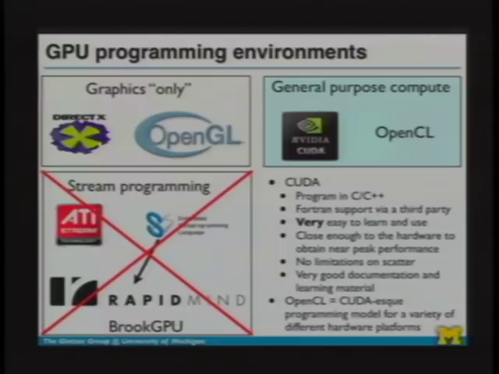Right. So if Fortran is your forte, there is Fortran CUDA support. It's made by a third party, PGI, which I'll mention later. I find CUDA very easy to learn. In fact, I'm aware of MPI, the concepts and some of the implementation details, but I've never actually written an MPI program myself.